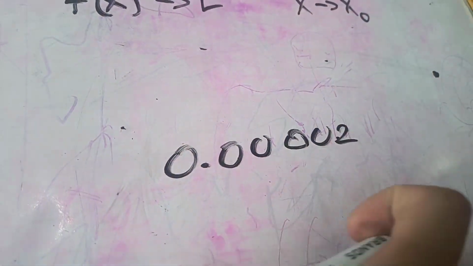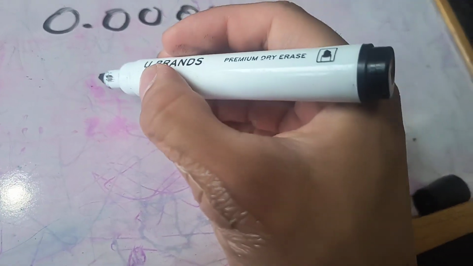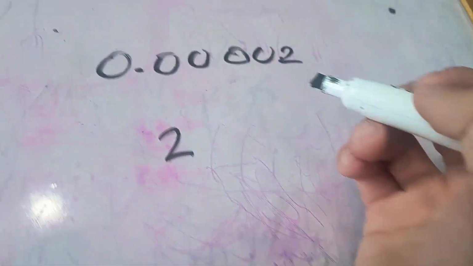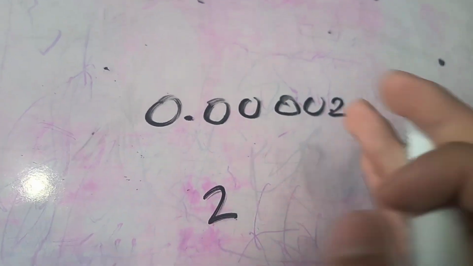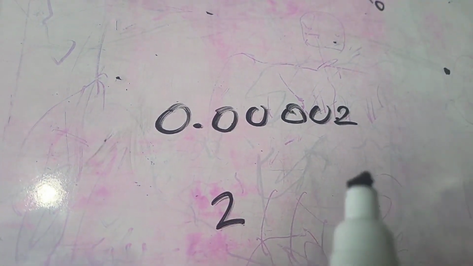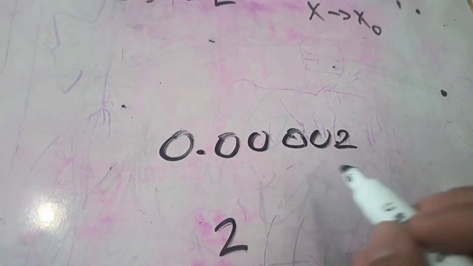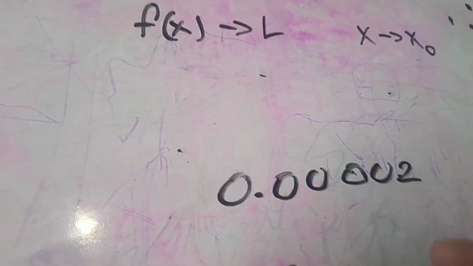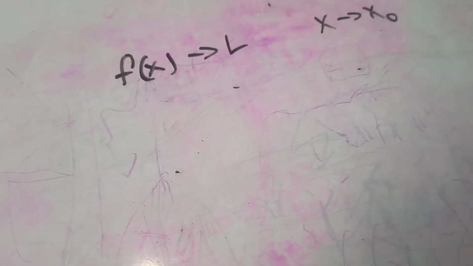So if we were to say we want to get this error rate, well, then x will have to be kept within, let's say, 2 spaces of x naught. Otherwise, we won't get this limit. We won't be within this error rate of the limit. And the way we show that is through this right here.